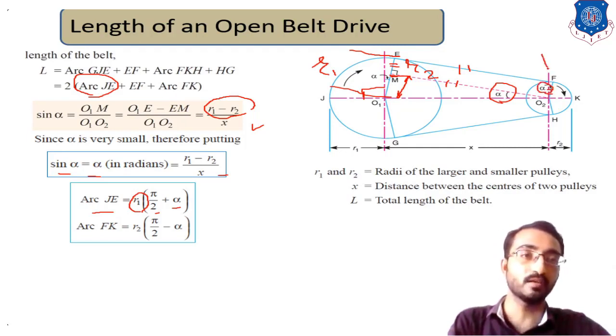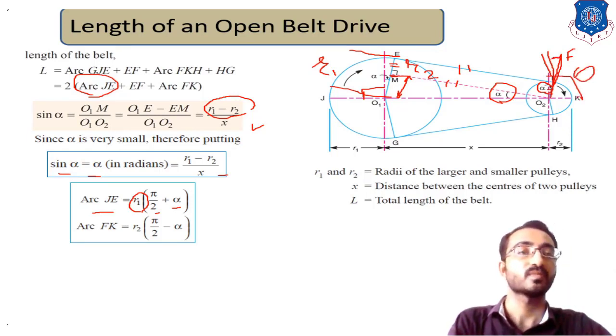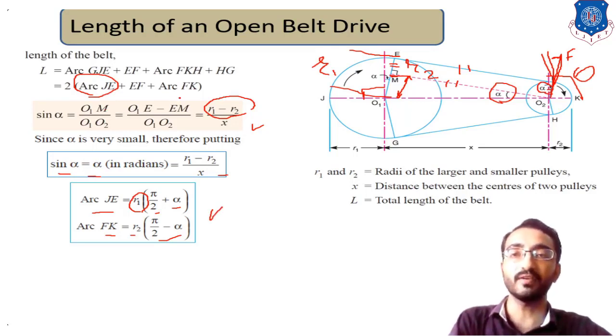So to calculate the angle of contact at point F, 90 minus alpha degrees will give us the arc of this contact point on the upper half. So arc FK is equal to radius R2 into bracket pi by 2 minus alpha. These two equations give us the value of arc JE and arc FK.